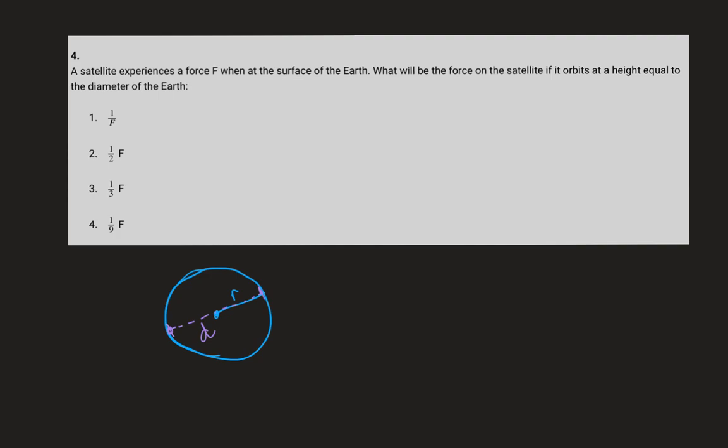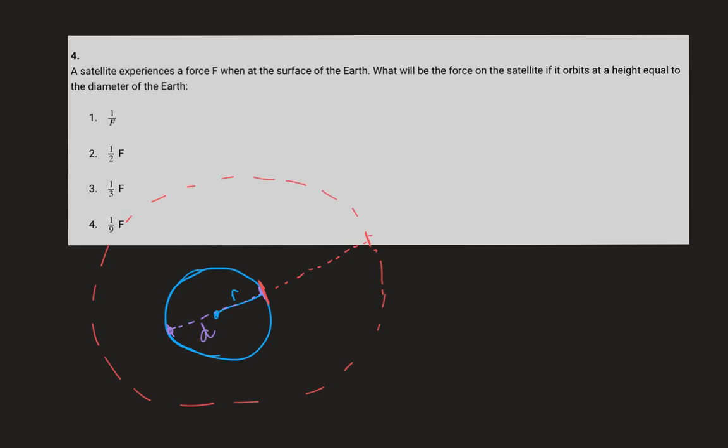But now I've got something that's orbiting. Let's use a brighter color. Something that's orbiting, and that orbiting is from here, a diameter's worth there, it's orbiting something like that.